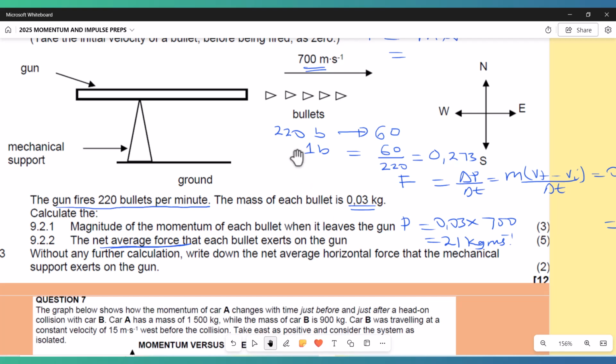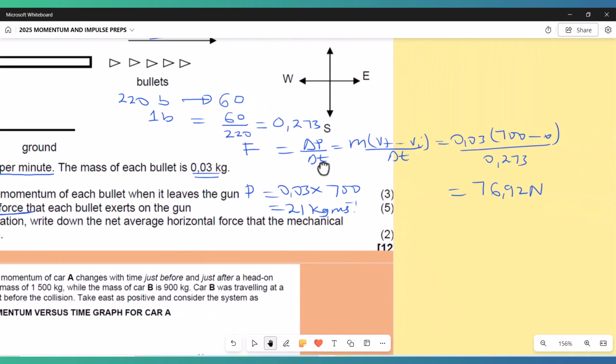Where are we pushing the gun? To the west. So we say west.